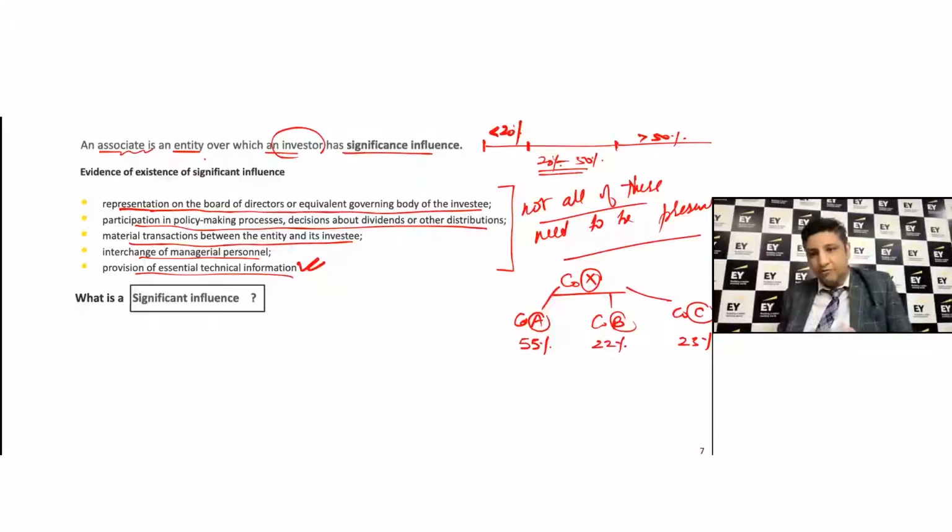Now, what do we assess here? What do we get here? We're saying that we can safely presume that company A has control. Nothing wrong in that. More than 50% is control.